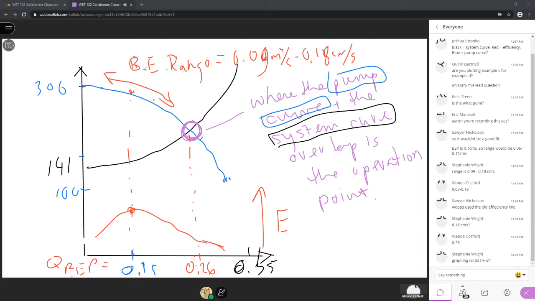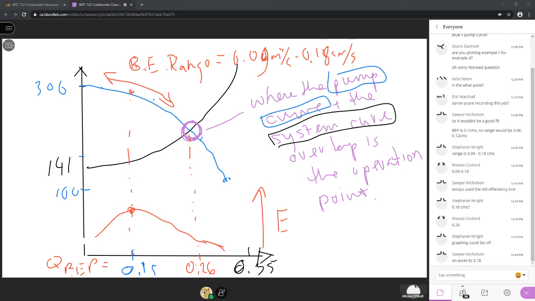You can tell my graphing's not super fabulous, but if you're doing it to scale, it's probably going to be closer to 0.26, maybe even a little bit lower. Okay, thanks.